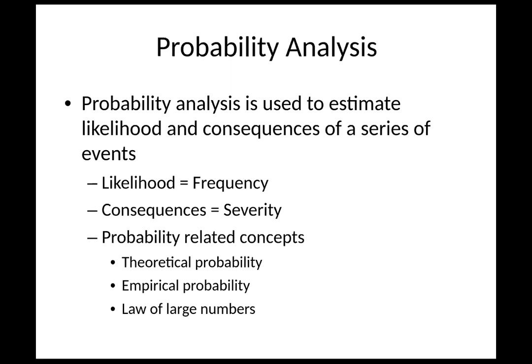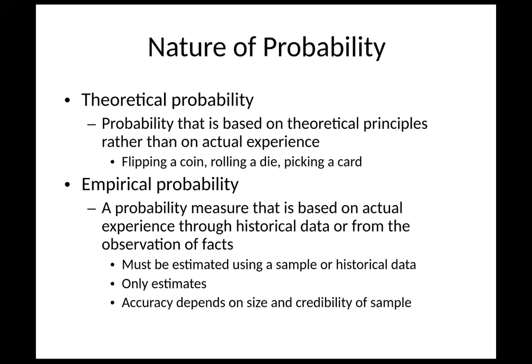And the probability related concepts that we also have to understand, and you'll most likely have questions about this on the exam, is to be able to explain theoretical probability versus empirical probability, as well as the law of large numbers and what that means from a data analysis standpoint.